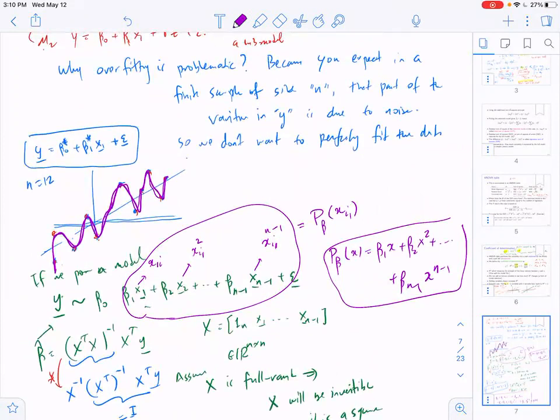This is the overfitting case. If you drop some of these covariates, say the higher order covariates, you might get something like this, a lower order polynomial. This is a better compromise. In general there is a trade-off.